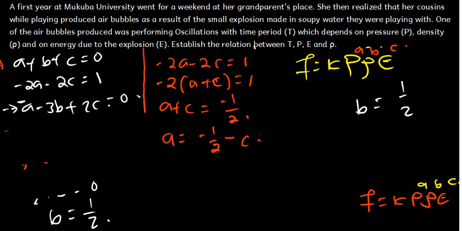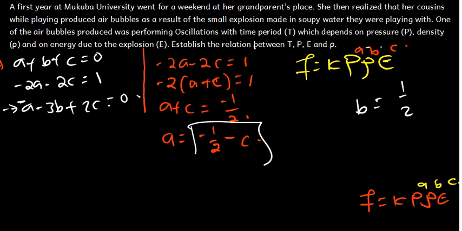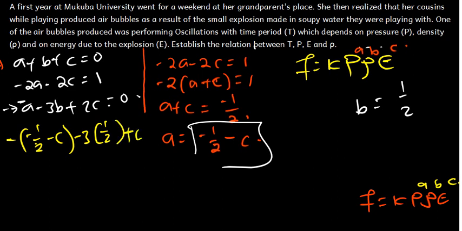Now what we are going to do is this. In the third equation, where there is A, we are going to plug in. We know that A is already this one. So it's negative, open brackets, negative half minus C, minus 3, and where there is B, we put 1 over 2, then plus C has to be equal to 0.